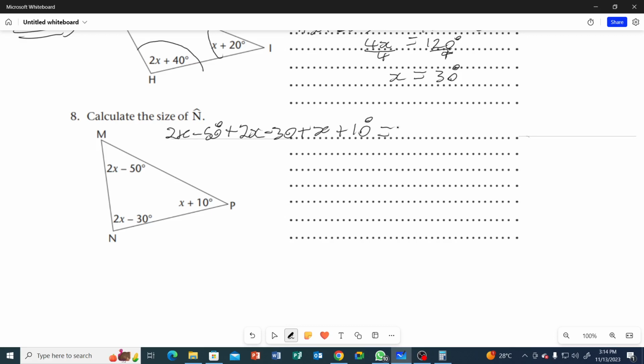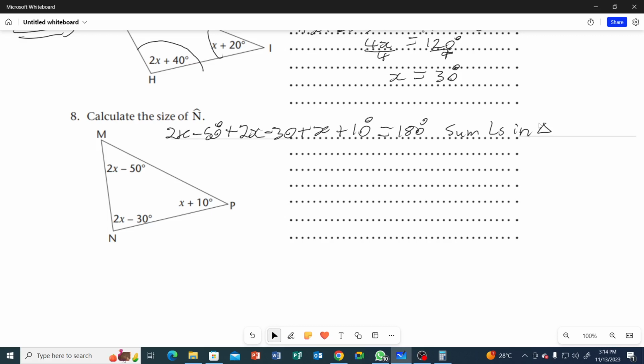Everything they amount to 180 degrees. What is your reason? Sum of angles in a triangle.